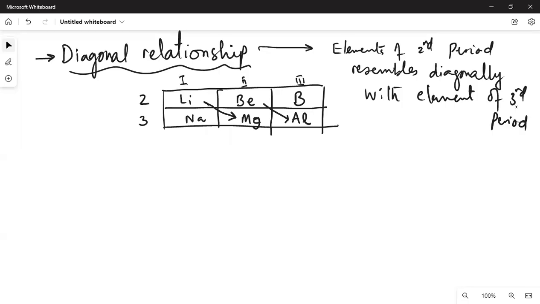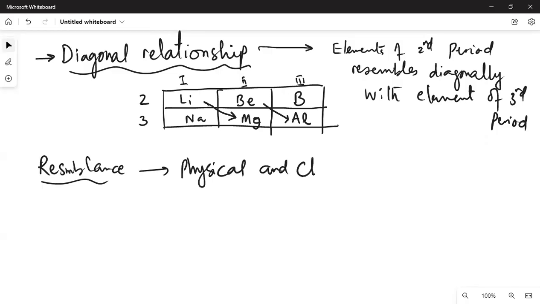And resemblance is actually in physical and chemical properties. They resemble physically and chemically, like they're similar. So lithium is like magnesium. Lithium properties are like magnesium.